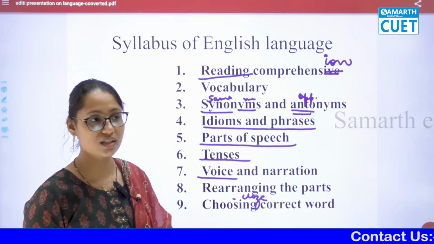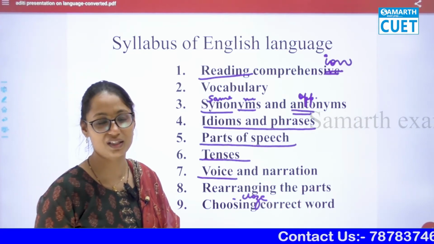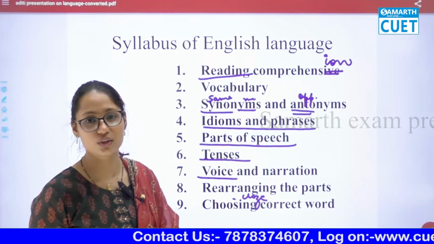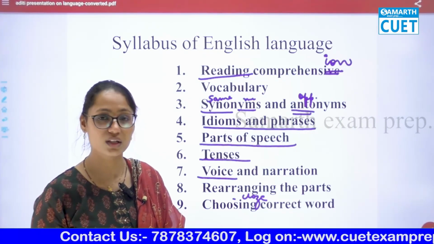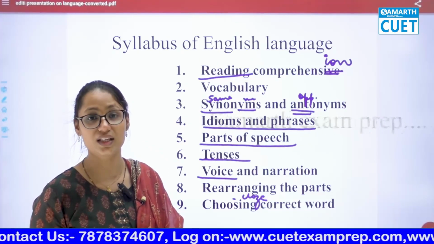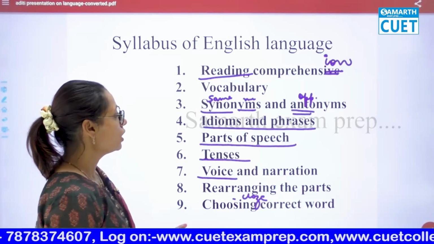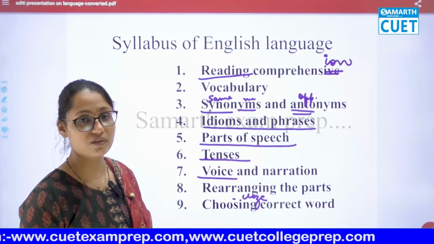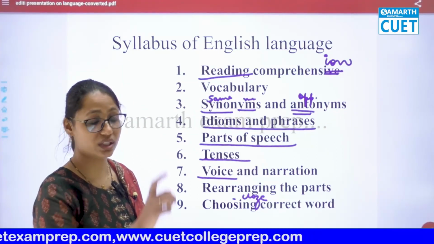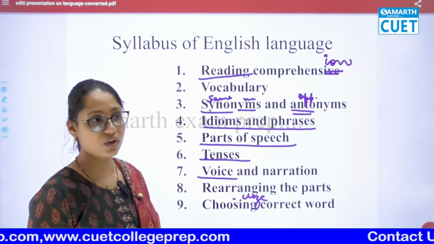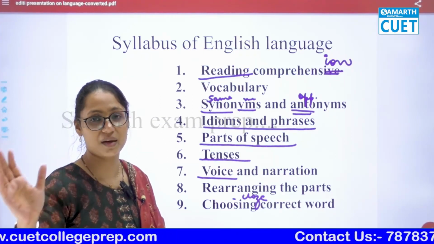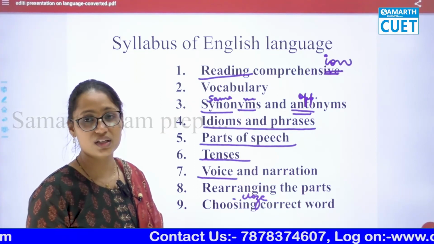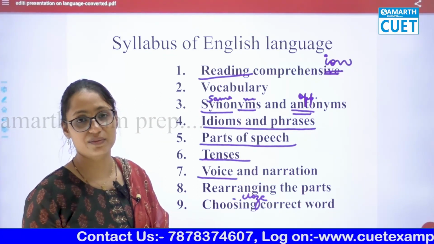To improve your WPM, words per minute, you have to go through 2 or 3 passages or articles daily. By that your words per minute will improve, and in 45 minutes in the exam you will be able to read the complete passage. If you go to the exam without practice of reading, you cannot complete that in 45 minutes.